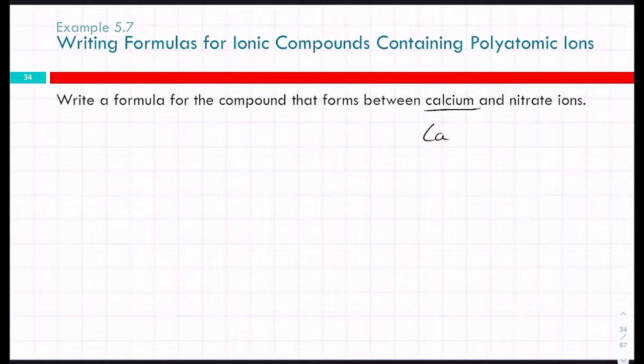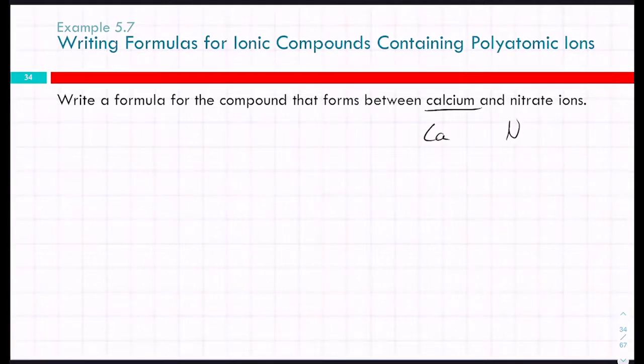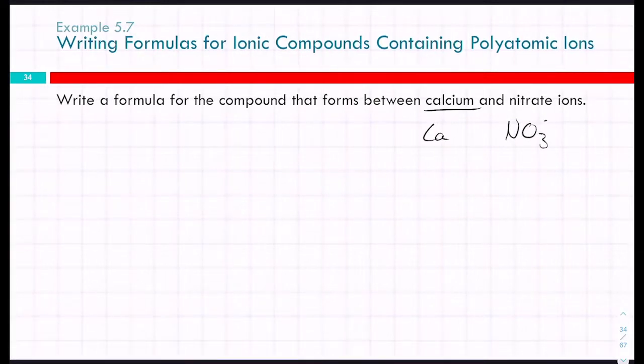For nitrate, if it ends like ATE, ITE, and you don't recognize it as an element, it's probably a polyatomic ion. So nitrate will be nitrogen, and then it's going to be NO3 minus.